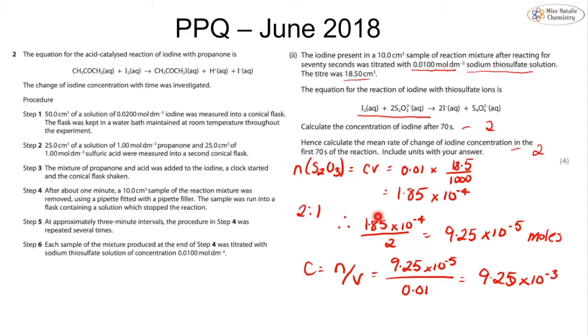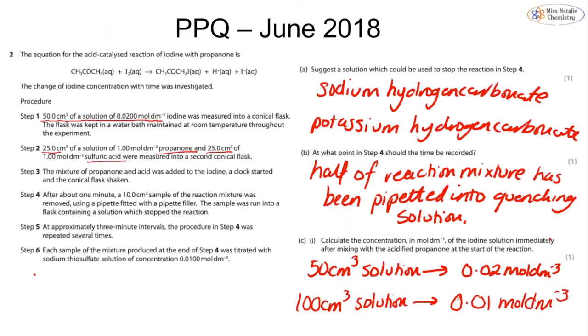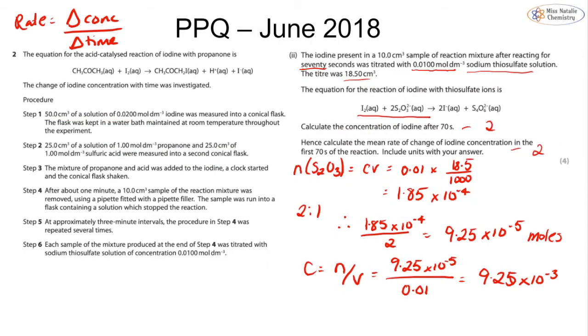The second part is then looking at the rate of change. And we know that to calculate a rate, we have a change in concentration divided by the change in time. And we are told that the time is 70 seconds. And we know from the previous question, if we just go back, that our concentration was 0.01.